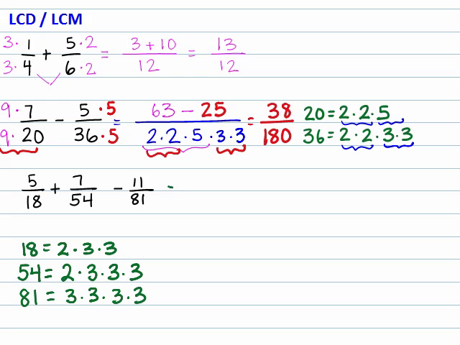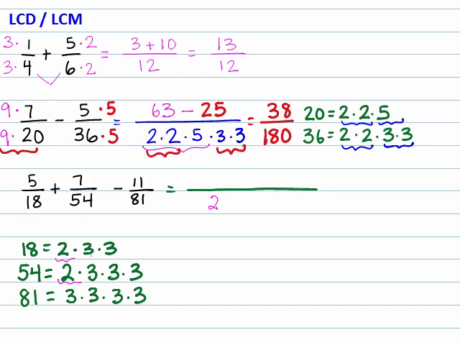Alright, in order to turn all these fractions into a fraction with least common denominator, every factor I see has to be included in the least common denominator in the highest exponent. This will help me have every denominator as a part of the least common denominator. What does that mean? That means I need to have a 2 in the first power, which is sufficient. That will cover both the 2 of the 18 and the 2 of the 54.